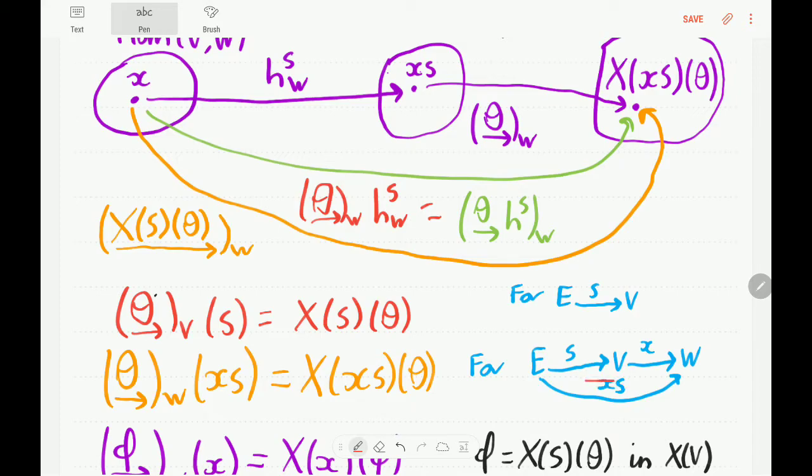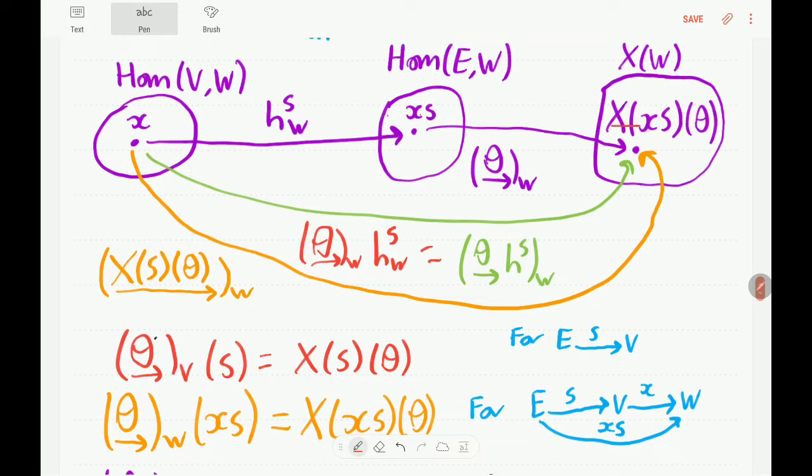It's just now we've got this arrow XS, which is an arrow from E to W. And so the result of doing the W component of theta under arrow on XS is just going to be capital X of XS of theta. Okay, so that's the result that we get.